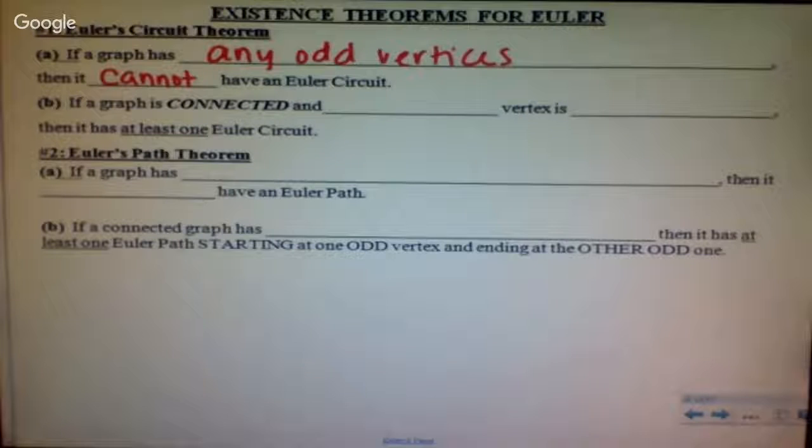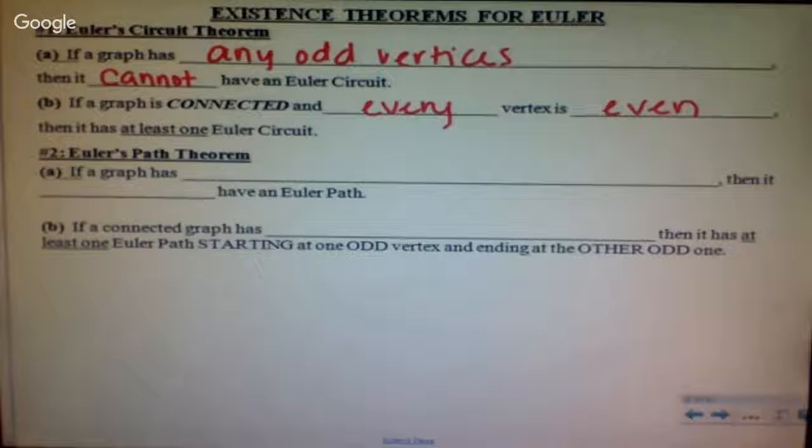Also, if a graph is connected and every vertex is even, then you have at least one Euler circuit. You may have more than one. You could have 17, but you have at least one circuit if every vertex is even.